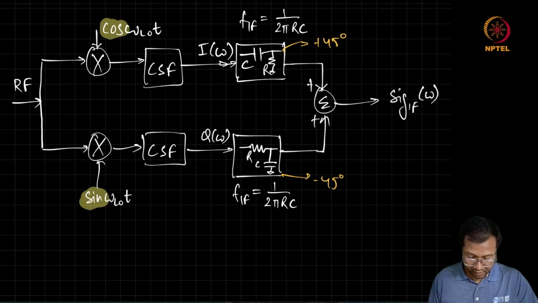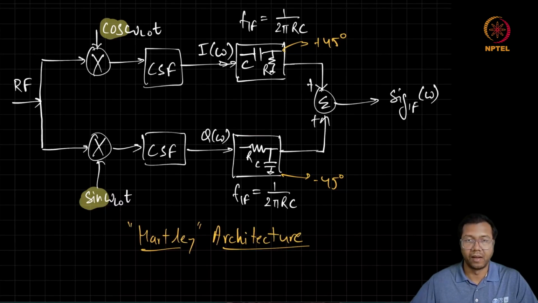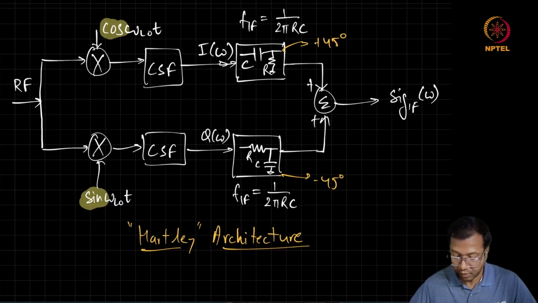This architecture, a specific way to implement the 90 degree phase shift between I and Q paths, is also called the Hartley architecture. And this is really a practical way to realize this image reject receiver.